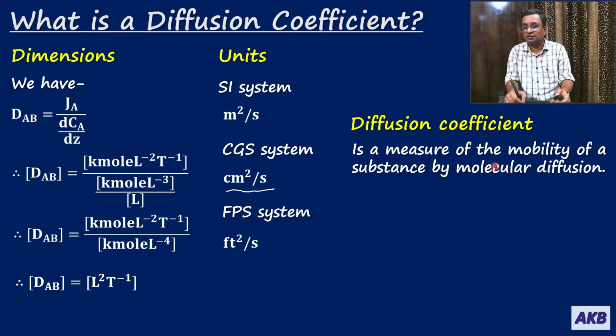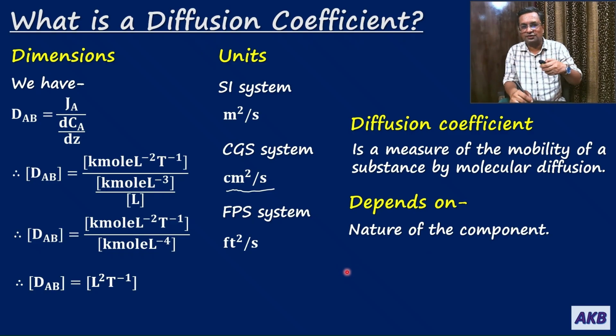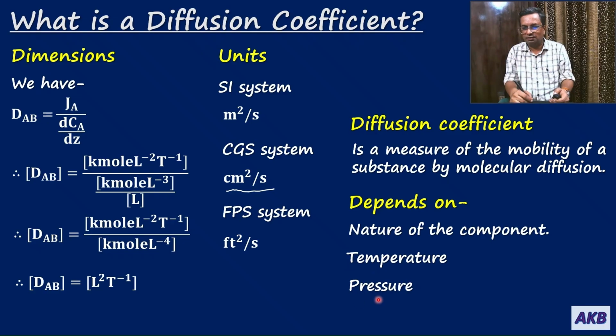It is a measure of the mobility of a substance by molecular diffusion. How fast or how effective the mobility of a substance is by molecular diffusion is measured in terms of its diffusion coefficient. That's why we are saying the diffusion coefficient is a measure of the mobility of a substance by molecular diffusion. Then it depends on various parameters. It depends on the nature of the component, so in a mixture of A and B, it will depend on the nature of A and the nature of B. It will also depend on temperature and on pressure.